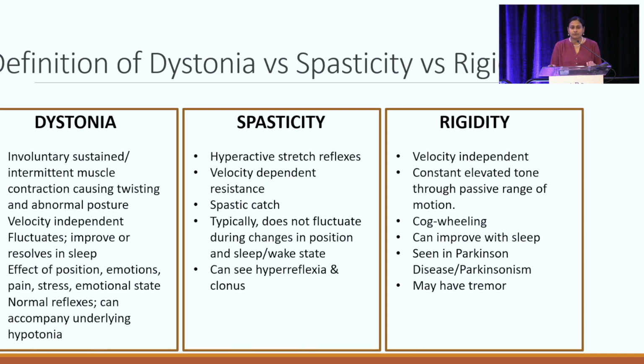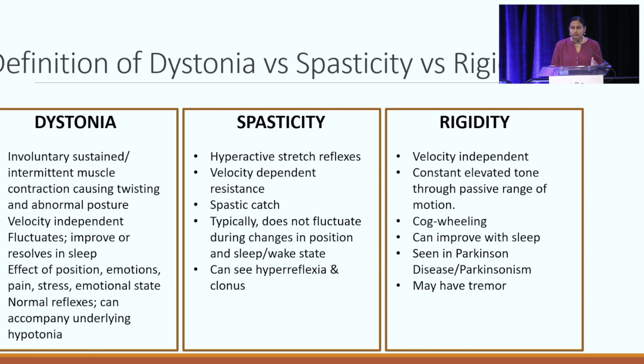What we know about dystonia is that it does improve with sleep, which is a little bit different than spasticity. And dystonia is definitely impacted by certain positions that we're in, our emotional state, if we're in pain or stress. So it's important to know that those are also playing a role in whether the dystonia is present, or it may not be present at times.